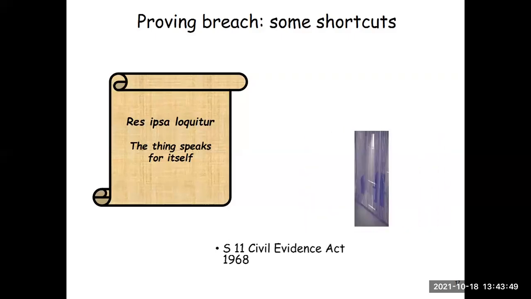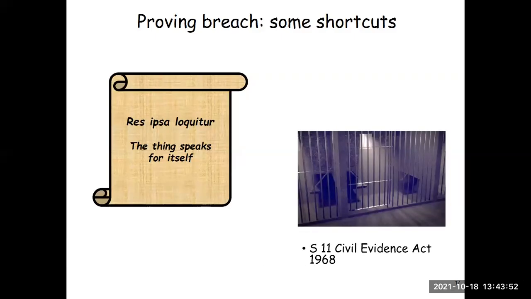But the other thing that you need to know, which sometimes helps you in proving that there was breach of duty of care, is Section 11 of the Civil Evidence Act 1968. And this brings us to that standard of proof thing that we were talking about, beyond reasonable doubt versus on a balance of probabilities. Section 11 of the Civil Evidence Act says that if you've got a matter that was also the subject of a criminal case, which you very often do get in tort, especially with personal injury cases.